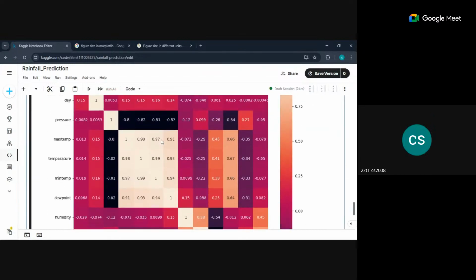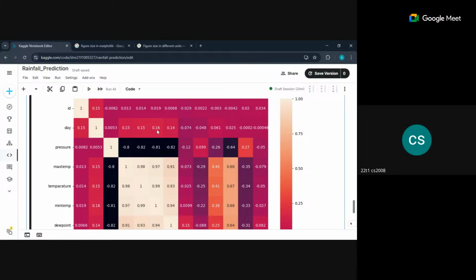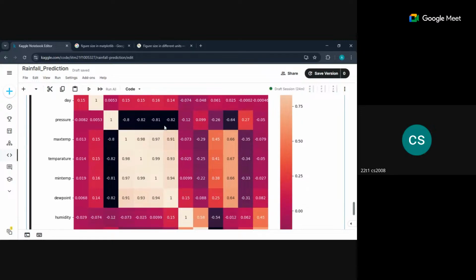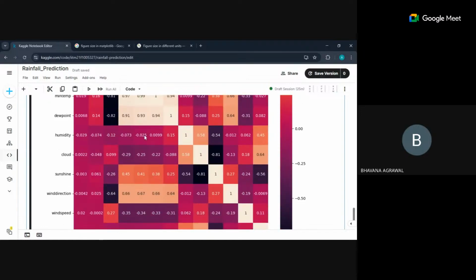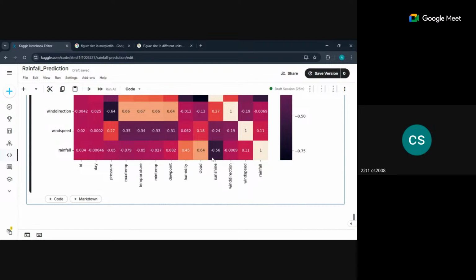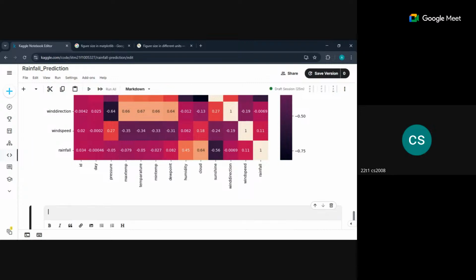Okay. So do we see anything interesting here? Are there any values that directly grab your eye? The light color means correlation is high, and the darker color goes to negative correlation. Okay. Maybe let us just focus on rainfall, the target variable. For now, can you tell me some important points from this?